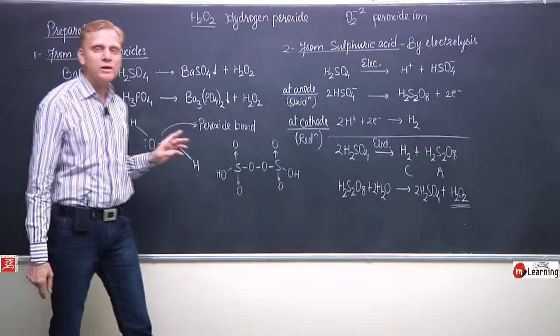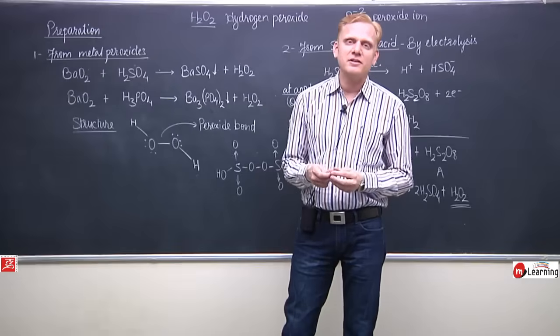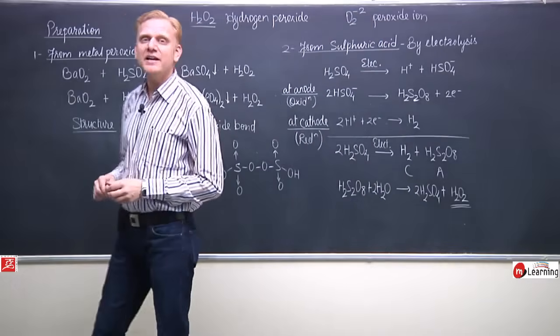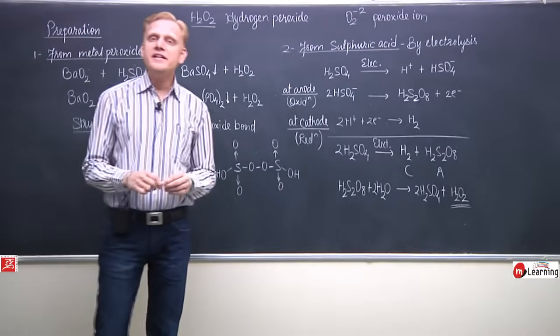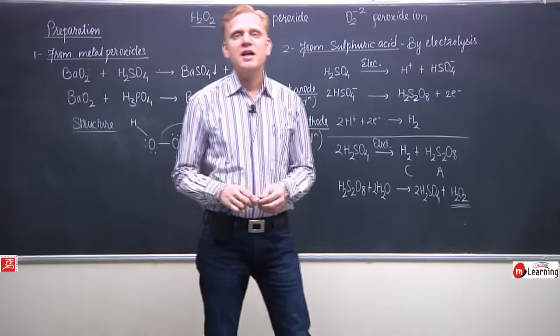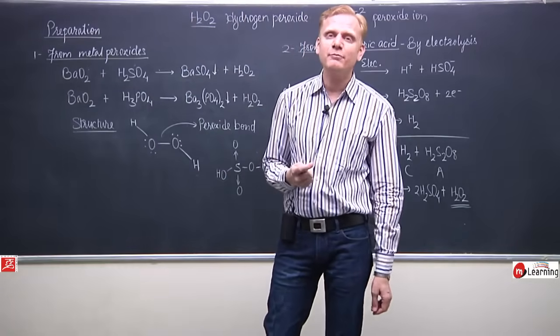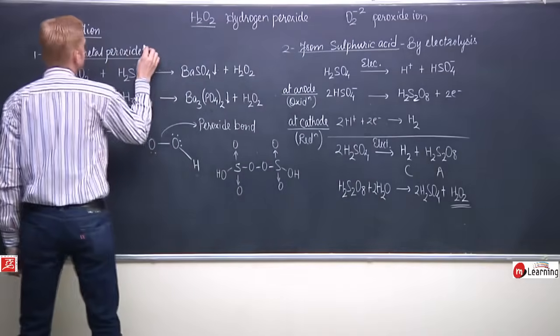Similarly, this bond is polar, so we get extensive hydrogen bonding in the structure. So it will be a viscous liquid with a high boiling point, but we should keep in mind its easy decomposition. Hydrogen peroxide is a sensitive compound towards decomposition, so it readily undergoes decomposition.